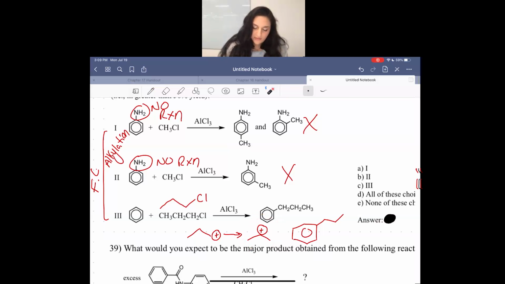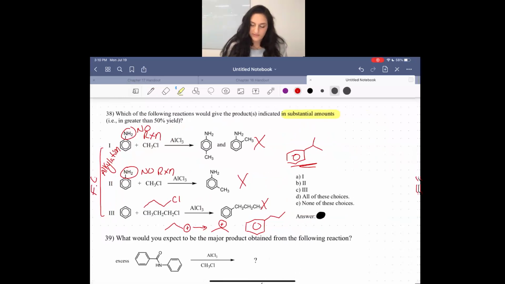So our actual product would have been benzene with this group on it. So this would have been the major product, not this one. So for that reason, the answer here is E, none of the above. It's a tricky one, but it's not necessarily difficult.